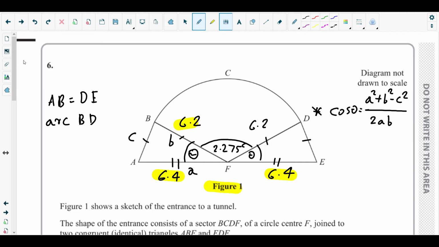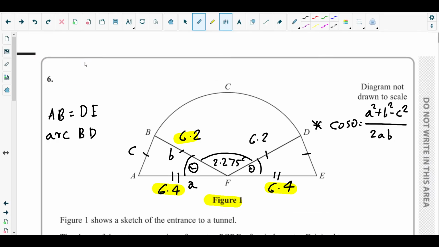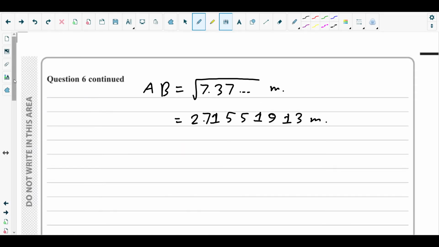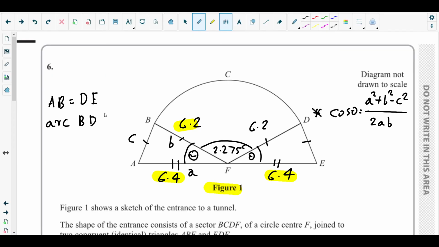Now our next step is to find out the arc length BD. So arc length BD equals r theta, right? What's the radius there? 6.2 meter is the radius.